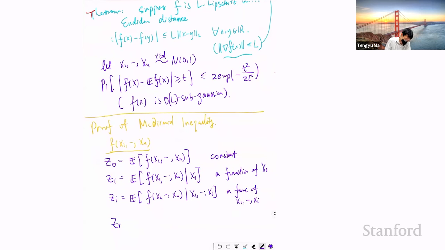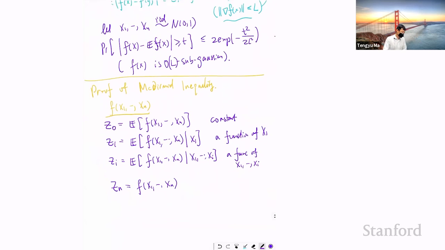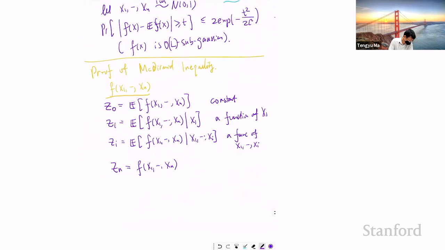And zn is finally what you care about, the fully random case. The important thing is that you care about zn minus z0, f minus the expectation, and you can decompose this into a sequence of things, a telescoping sum.